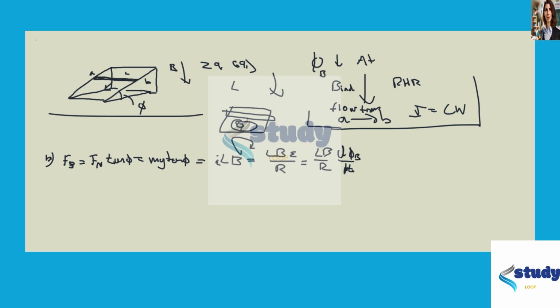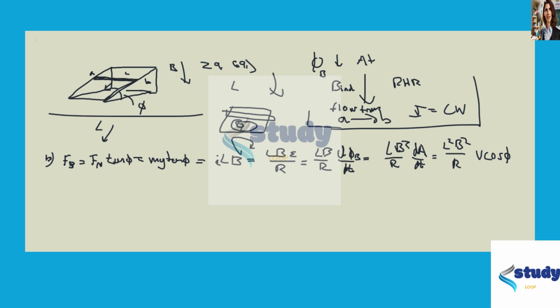We know that B is constant, so we can pull that out, and this is LB squared over R times the change in area with respect to time. Lastly, the change in area comes from the horizontal component of the velocity that's shrinking the area, since it's always L times that horizontal component. So we pull that L out, and we're left with L squared B squared over R, and this is v times cosine of phi to get the angle right.